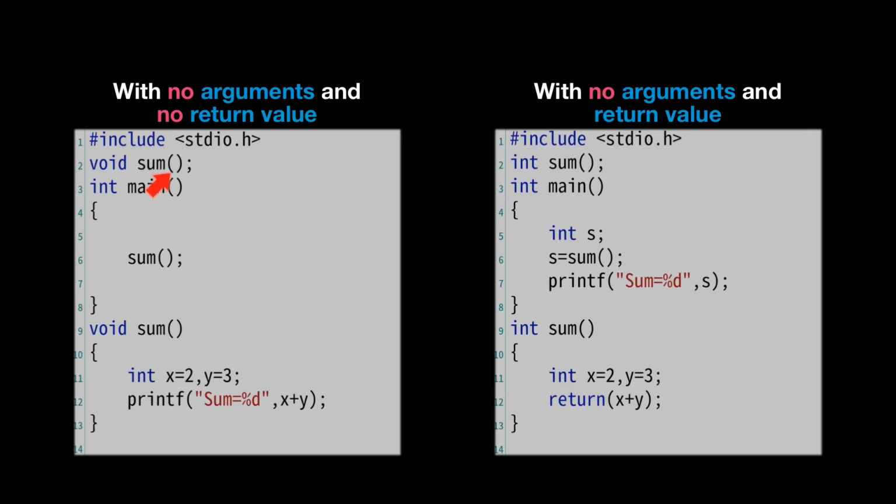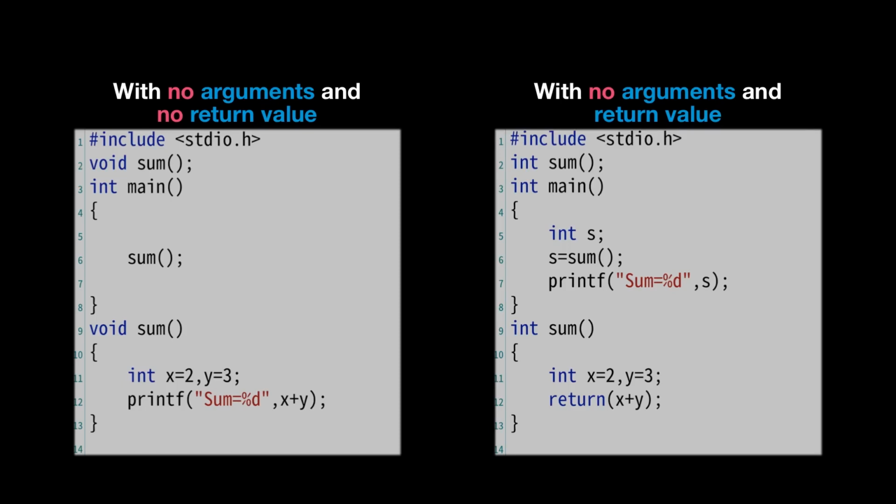You also don't find the formal argument list within the brackets of the function declaration. And no return value means the function will not have a return statement. The return type is void both in the function header as well as in the function declaration.